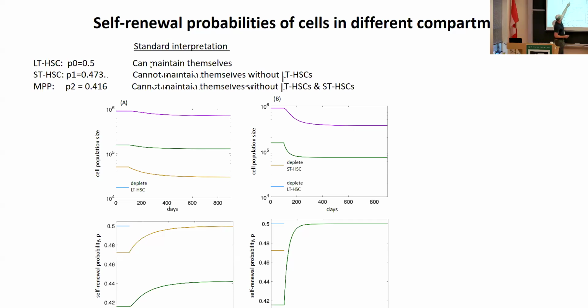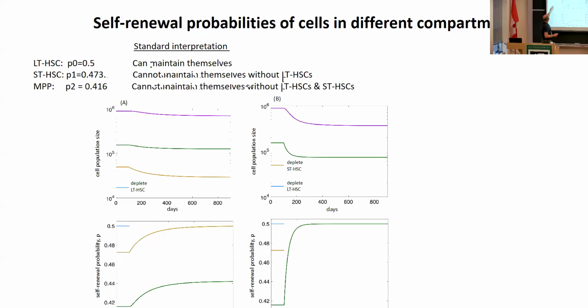The system re-equilibrates to a different equilibrium and is maintained. By what is it maintained? Here's the self-renewal probability of the short-term stem cells. If you deplete the long-term stem cells, the renewal probability of the short-term stem cells goes up and dynamically adjusts to be 0.5. This is the result of the feedback that is happening.